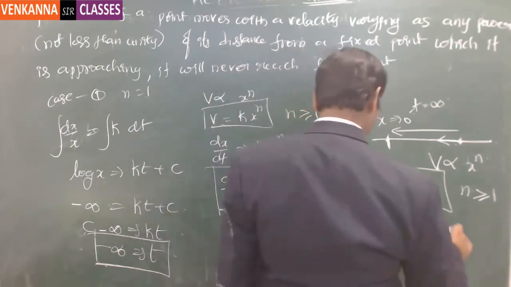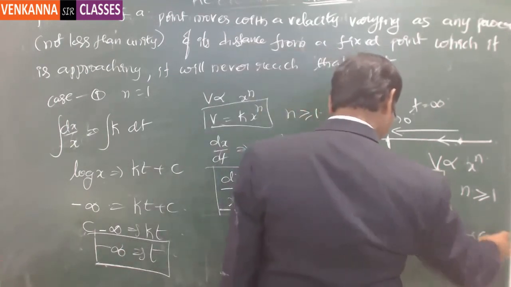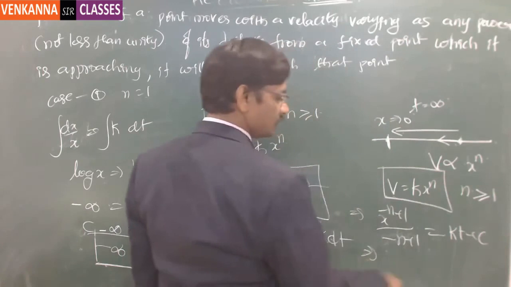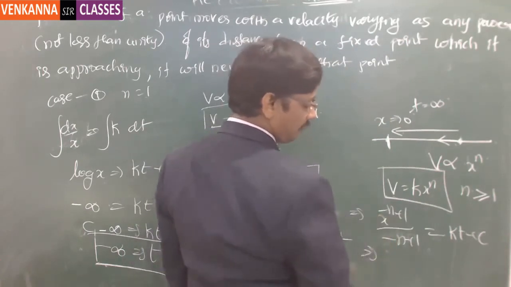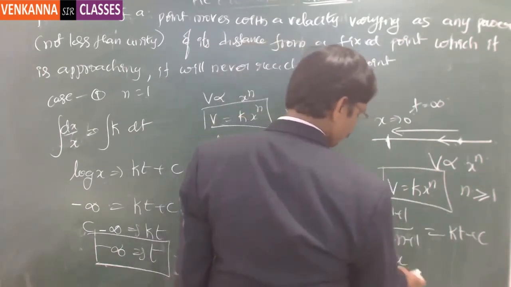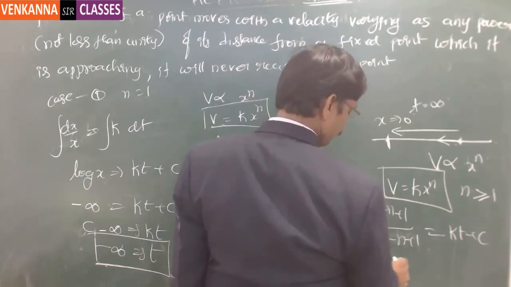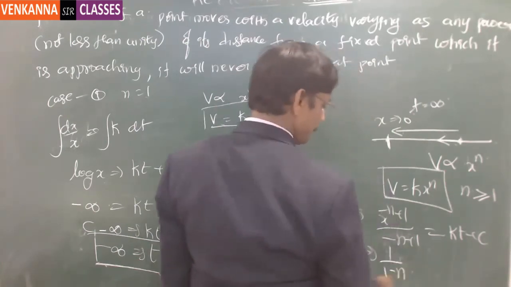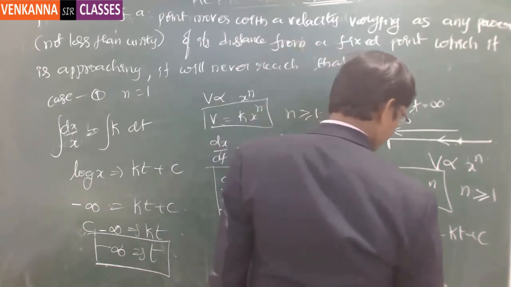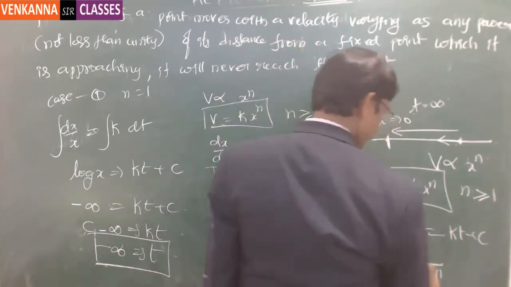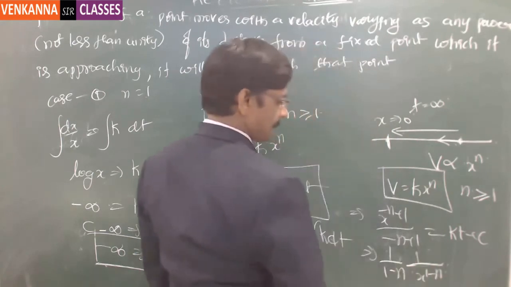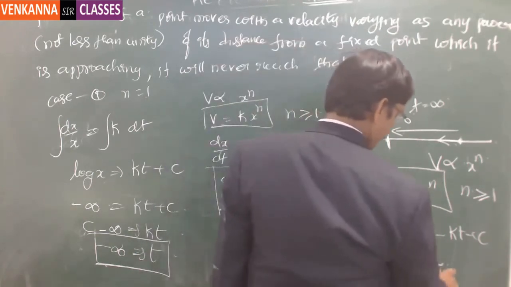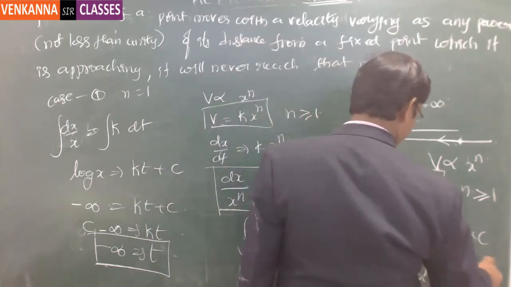So this is equal to kt plus c. Now this is 1 by 1 minus n into 1 by x power 1 minus n, that is n minus 1. So this is equal to kt plus c.